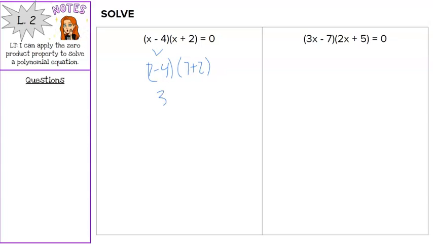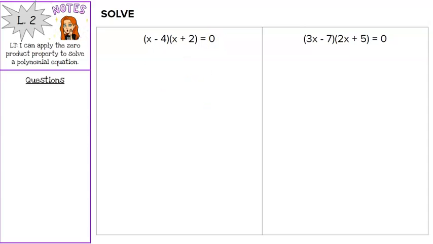Well, 7 minus 4 is 3, and then 7 plus 2 is 9, and that equals 27. Now, that's not 0. We want this to be 0. So what we want is the difference of x and 4 to be 0, or we need x plus 2, whatever that sum is, to be 0, so that the whole thing becomes 0.